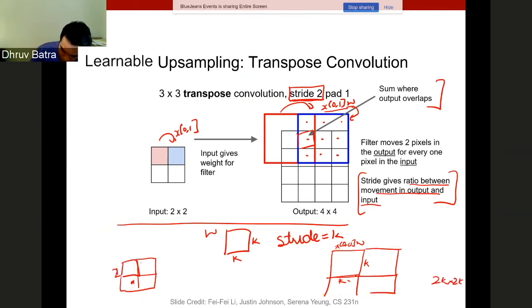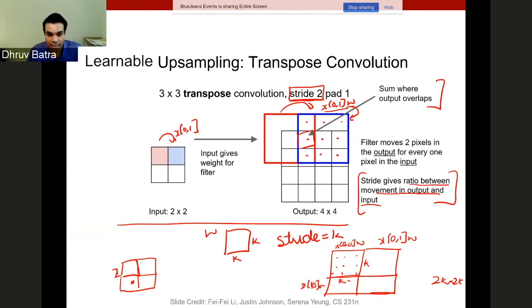So this would be x0,1 times W. This would be x1,0 times W, and so on. And so essentially, the filter gets slid over by its size. So this is a learned upsampling where we are pasting that filter times that pixel at those locations. If stride is not k, then there is some overlap, and we are also smearing in those values. Let me take a look at some questions.